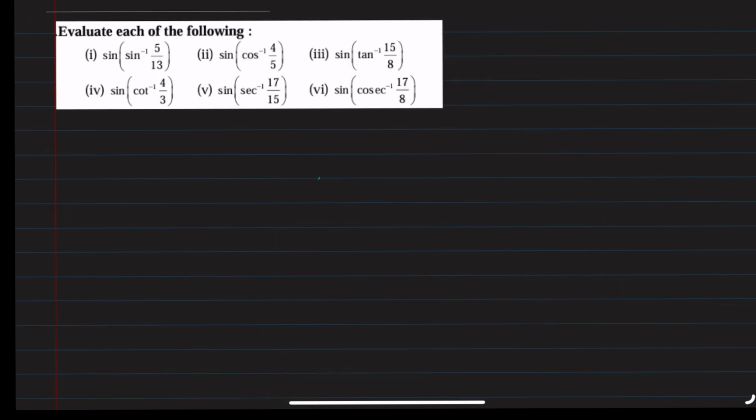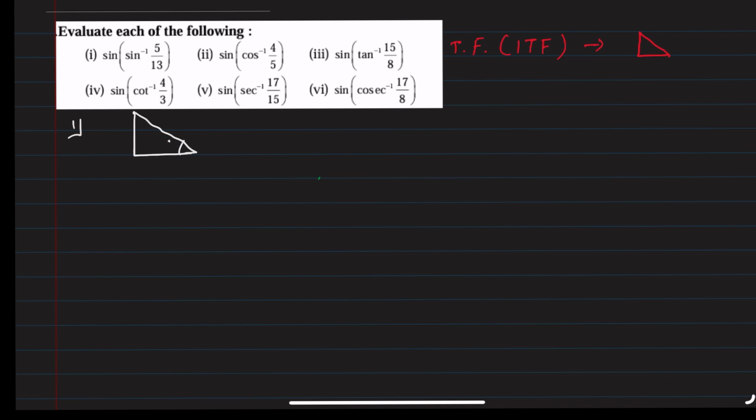For this type of sums, where the trigonometric function is outside and the inverse trigonometric function is inside, we'll use the right angle triangle method. Okay, so for the first sum, sine of sine inverse 5 by 13, we'll use the right angle triangle.